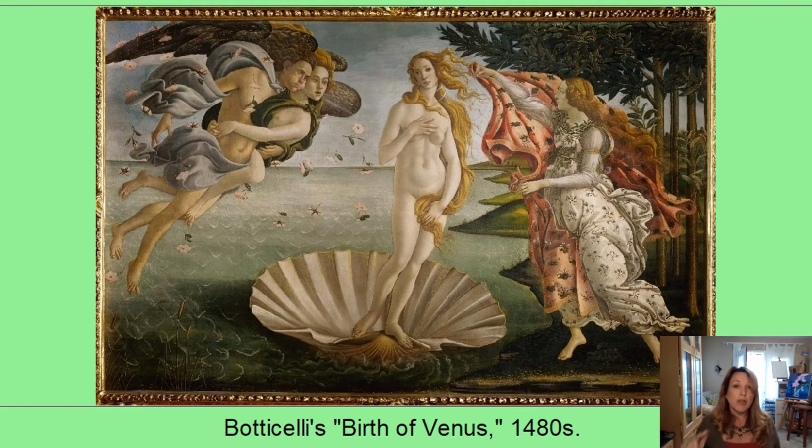She's standing in what we call a contrapposto form, a slight S curve, and she is beautiful, and she is sweet, and she looks very, very modest. She had a lot of lovers. Again, she is perhaps one of the more promiscuous of the goddesses, but she was very much one of the most admired of the goddesses as well.